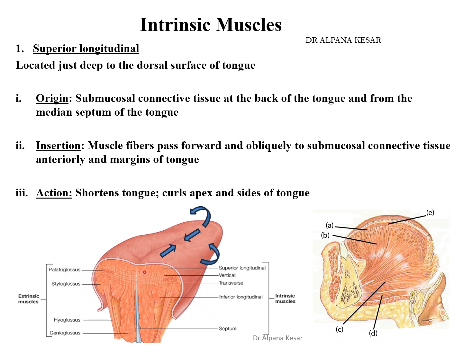Insertion is into the submucosal connective tissue anteriorly. The fibers run from the submucosal connective tissue posteriorly to the submucosal connective tissue anteriorly, and these are the fibers of superior longitudinal muscle.